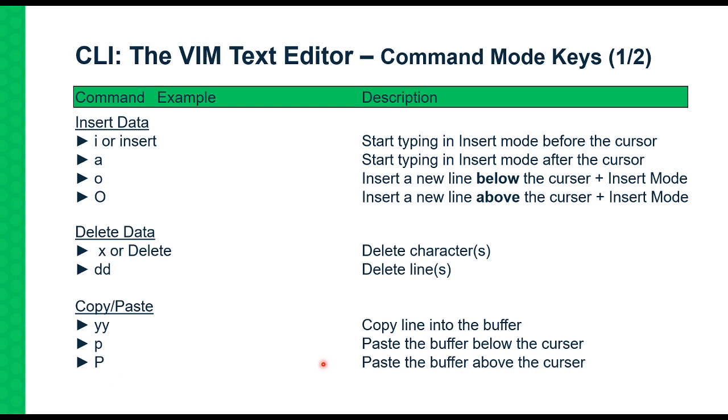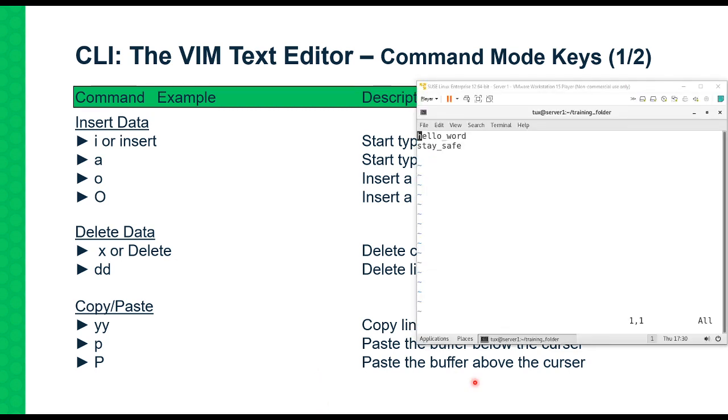Now let's quickly try this on our server. We are already inside our Vim editor, and now I get the opportunity to fix the spelling mistake I made earlier. So take note of where my cursor is currently residing.